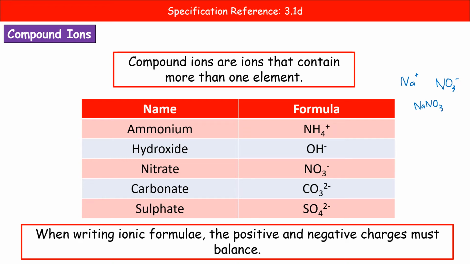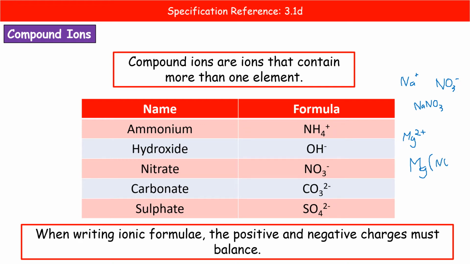If we had a different scenario, let's go to our little common example of magnesium in group 2, 2+ ions. We're still going to use the nitrate though. We've got 2 positive charges in magnesium, but only 1 negative in the nitrate. They have to cancel out. So that means we would have 1 magnesium, but then we're going to have 2 nitrates, because obviously we need 2 negative charges.